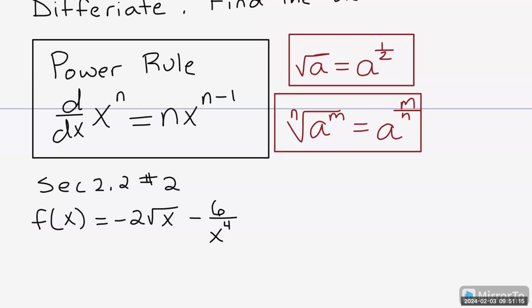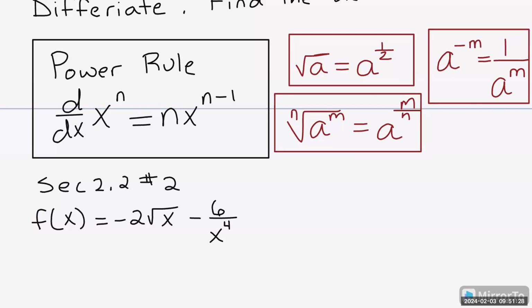And then a third rule is that if you have a raised to a negative power, like a to the negative m, that's the same thing as 1 over a to the positive m. So we're going to use this rule right here and this rule for this problem, because notice we have situations that look like that in this example.